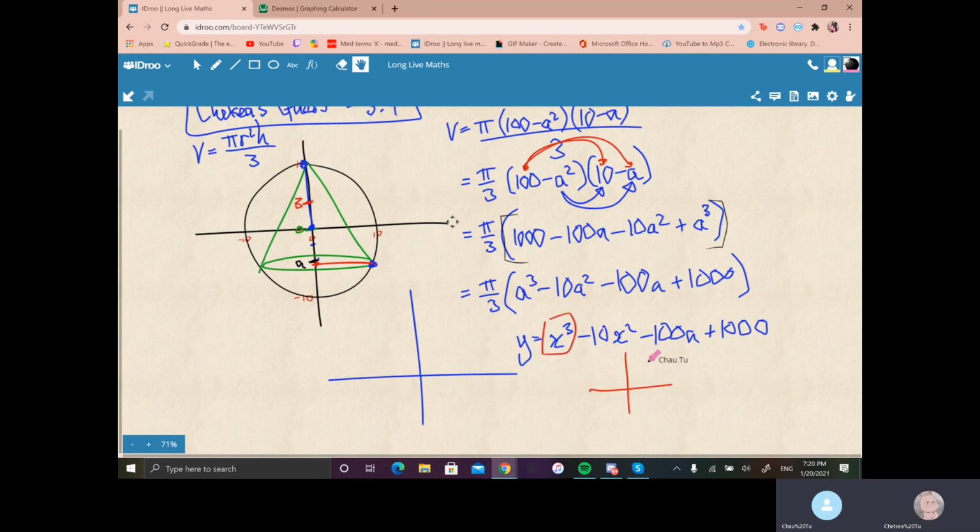So x to the power of 3 looks like this, only when it's big. So your graph will want to do something like this, but only when it's big. Can you see that, Chelsea? Okay. So when it's small, it wants to do this.